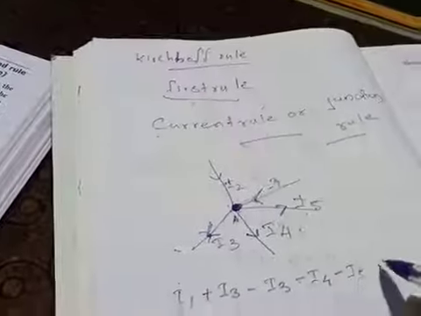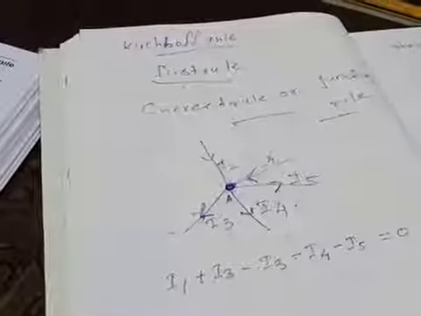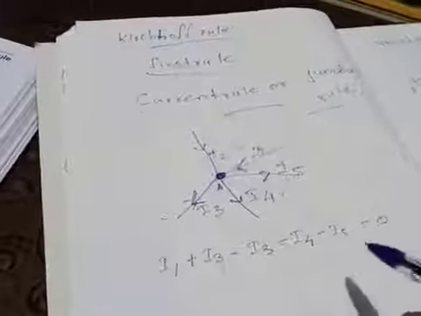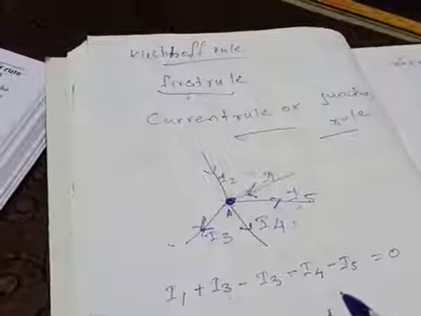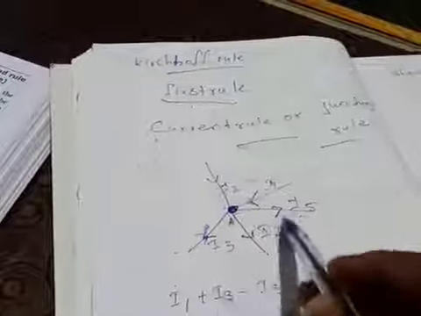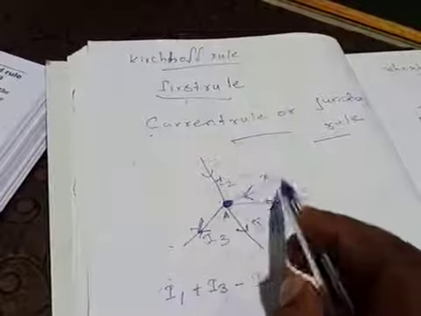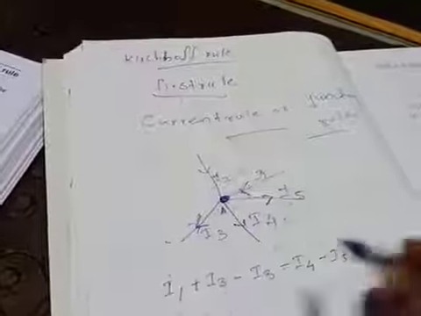I5 also going away from the junction, so minus I5 equal to 0. This is Kirchhoff's first rule: the algebraic sum of the current at any junction of a circuit is 0.